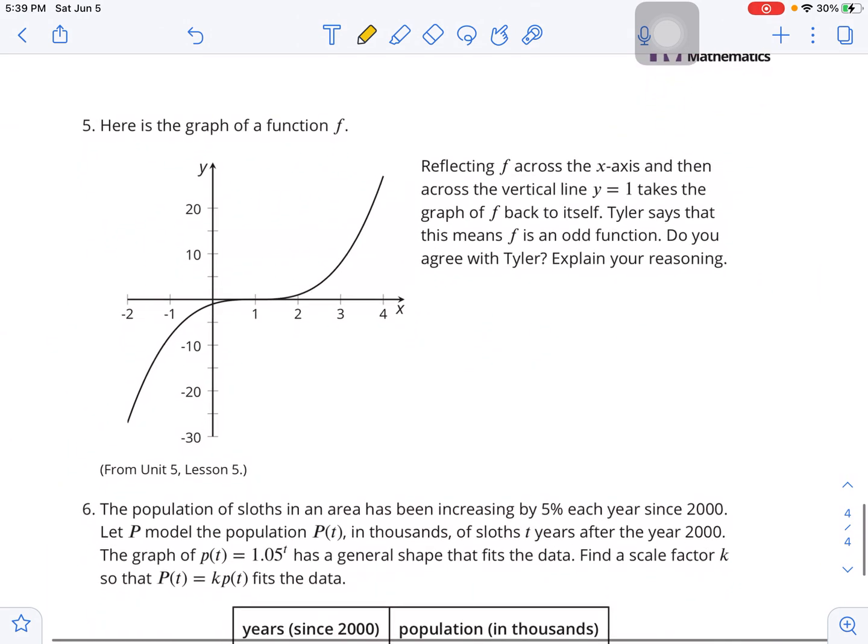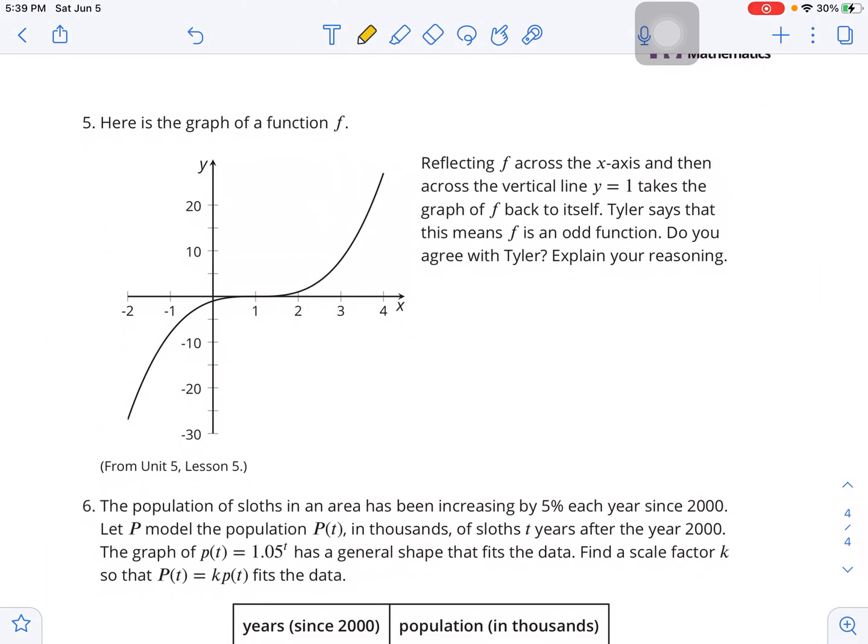Number 5, here's the graph of a function. Reflecting f across the x-axis and then across the vertical line y equal to 1 takes this graph back to itself. Tyler says that this means it's an odd function. Do you agree? No, it has to be reflection over both axes.